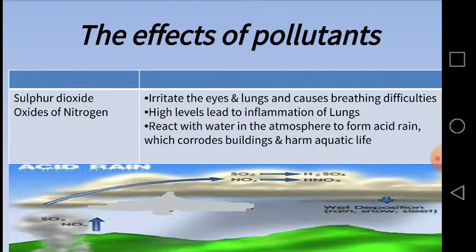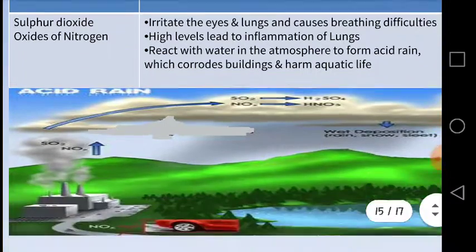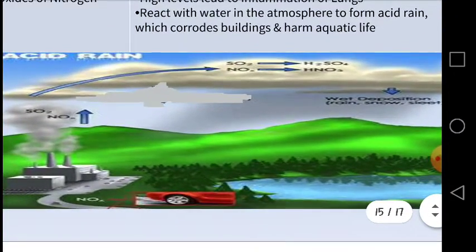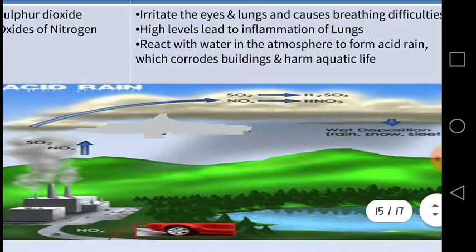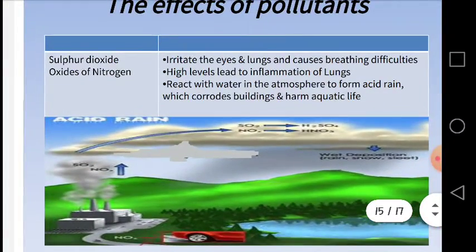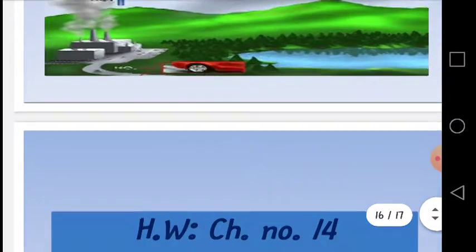High levels lead to inflammation of the lungs, and very importantly, they react with the water in the atmosphere to form acid rain, which corrodes buildings and harms aquatic life. This is the diagram to represent how these gases are converted into acid rain, and the effects on the human body. So these are the effects of these pollutants.